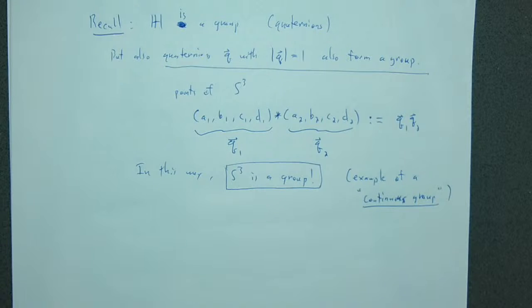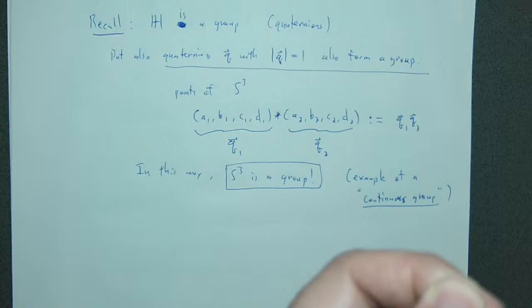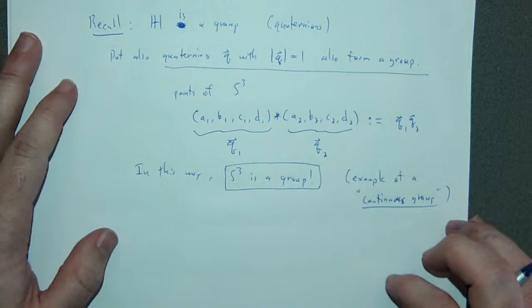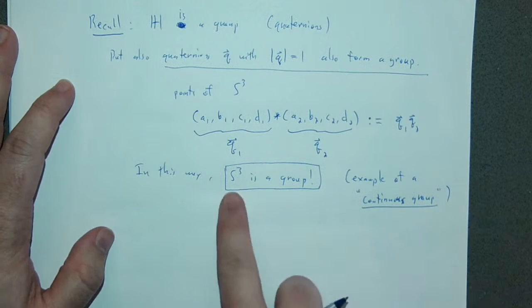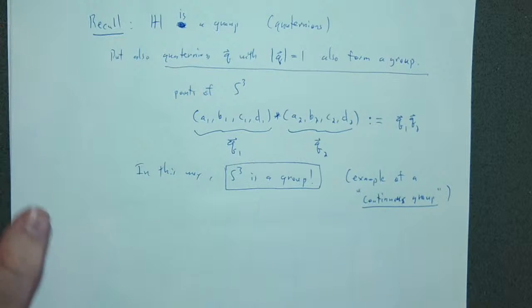If you take 2 points and you take 2 points near those points, then the products that you form between those two pairs are close to one another. Right? That's a better way of saying it. Okay. It's actually one of the only examples on Sn of this working. I think S1 and S3 are the only spheres for which that's the case. But there's plenty of examples of continuous groups.